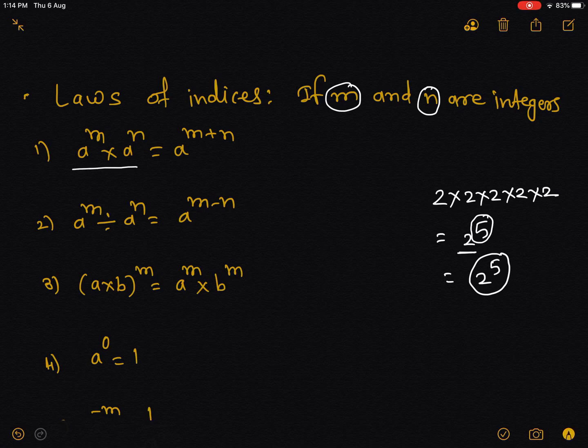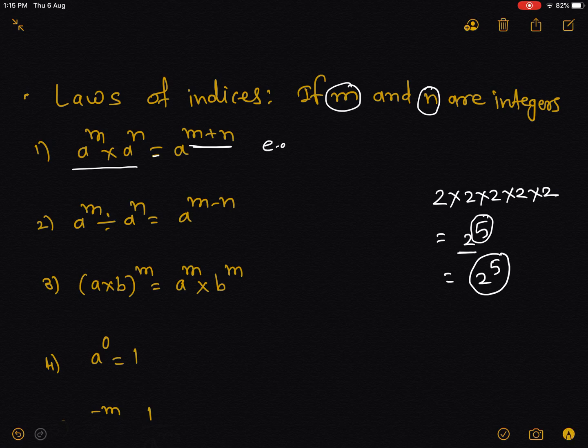See this law, here the base is the same, that means a, and the indices are different, m and n. There is multiplication, a raised to m into a raised to n, we get a raised to m plus n. It is the first law.